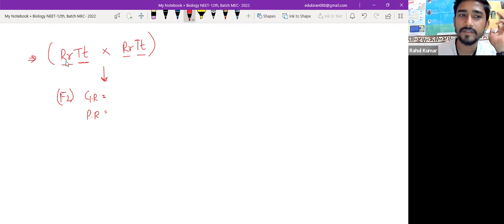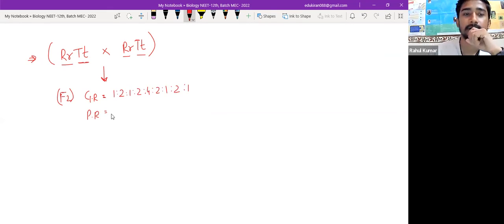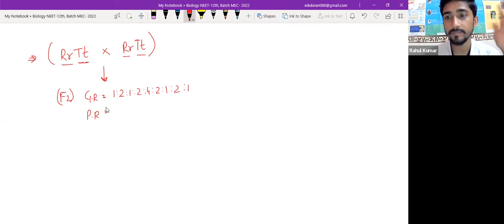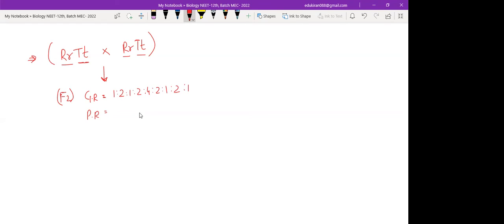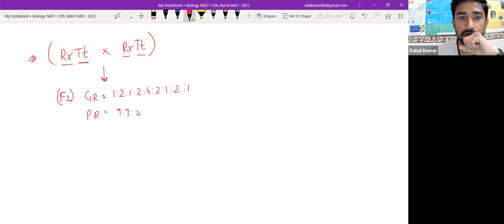Hybrid. This is hybrid round, hybrid tall, hybrid round, hybrid tall. If both are hybrid, then your genotypic ratio is going to be 1:2:1:2:4:2:1:2:1. When there is no incomplete dominance given, the phenotypic ratio will be 9:3:3:1.